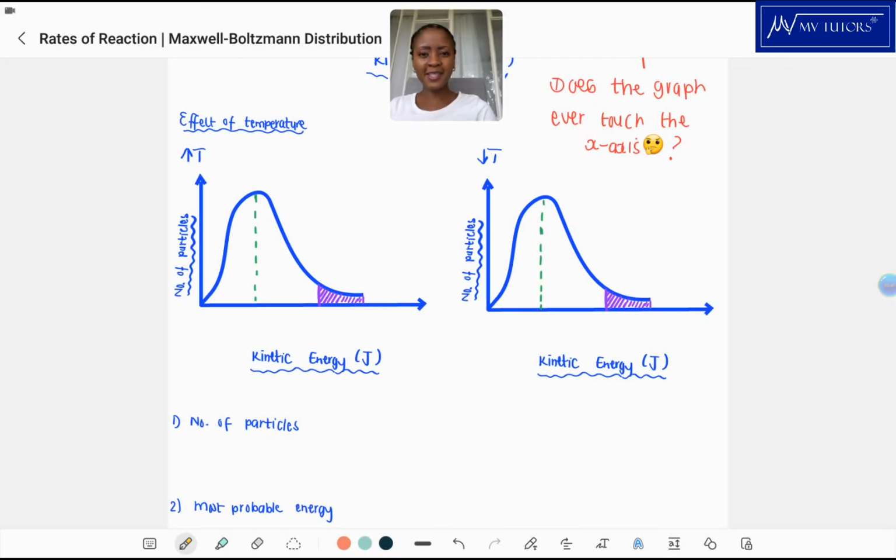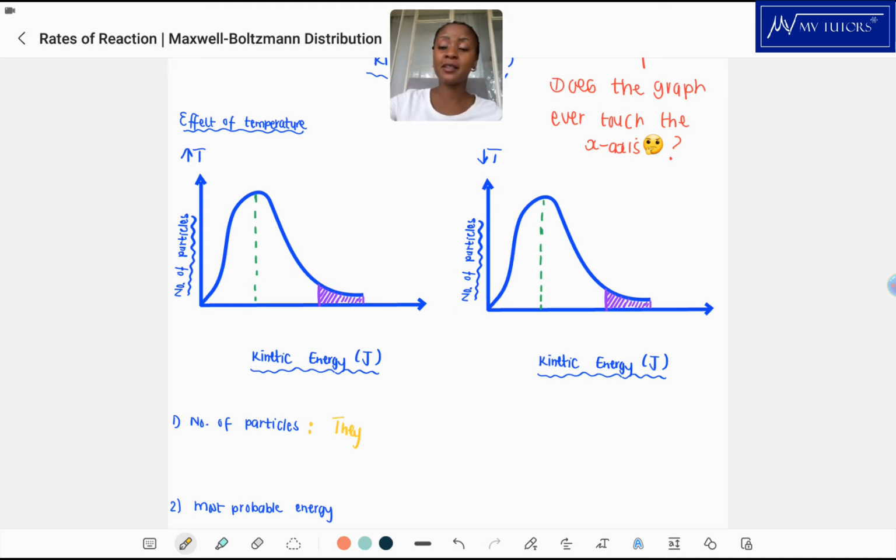When you increase the temperature, what do you expect? We know that if you increase the temperature, the rate of the reaction increases, right? So when we look at this graph, here's what's going to happen. The number of particles won't change. If you had 100,000 particles before you increase the temperature, you're going to have 100,000 particles after.